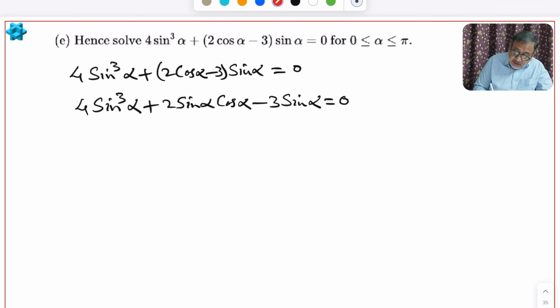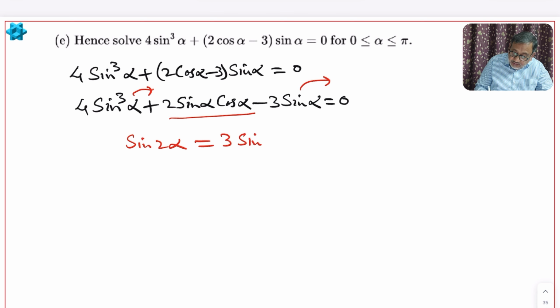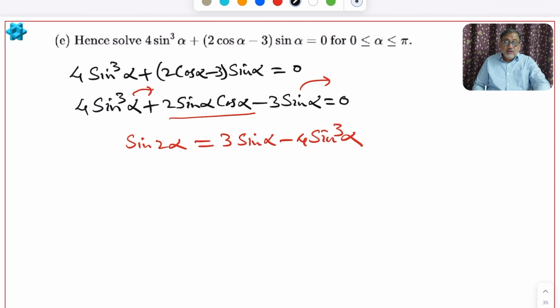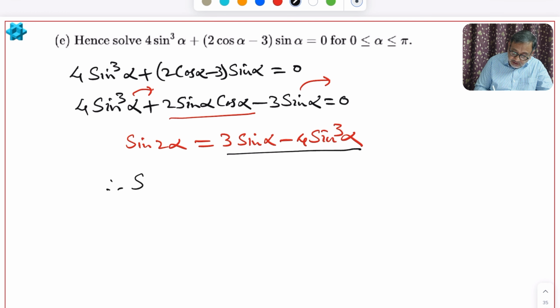So this one I am writing as sin 2 alpha is equal to, these two things I will take to the other side, 3 sin alpha minus 4 sin cube alpha, right? Okay, and this one is sin 3 alpha, isn't it? This part is sin 3 alpha, so therefore sin 2 alpha is equal to sin 3 alpha, right?